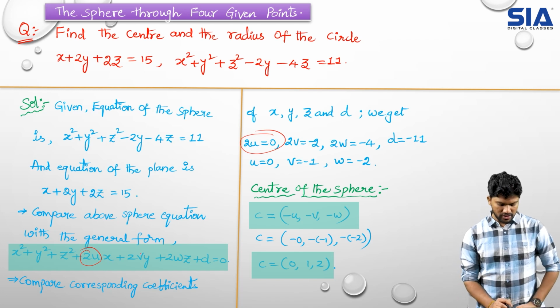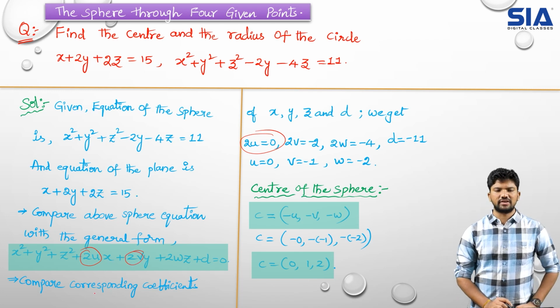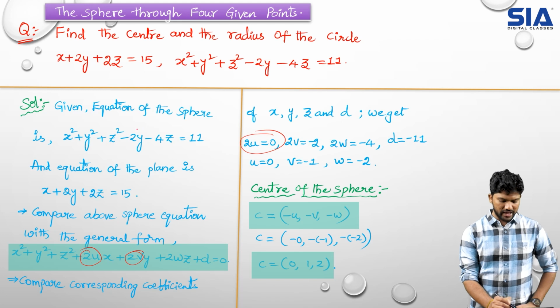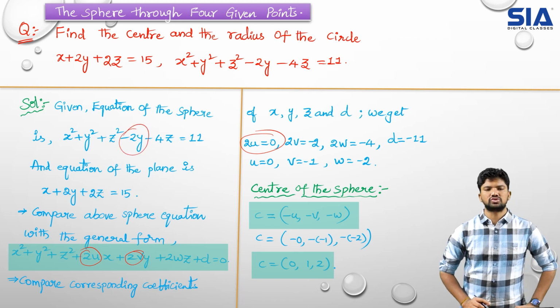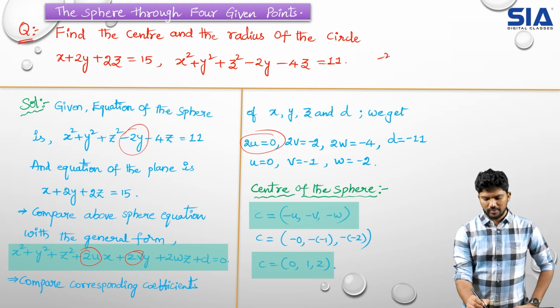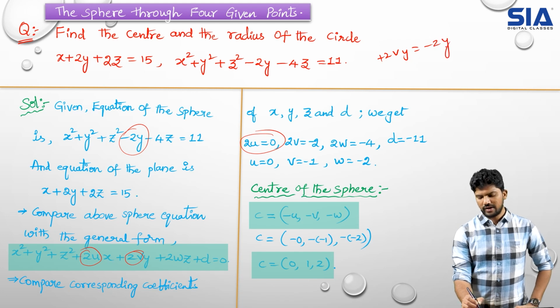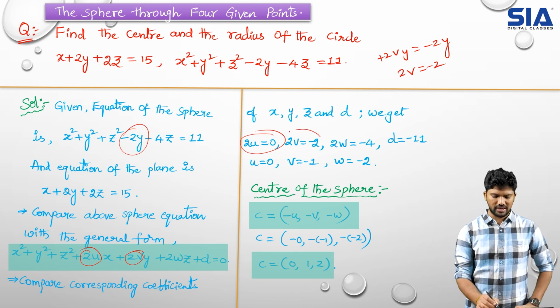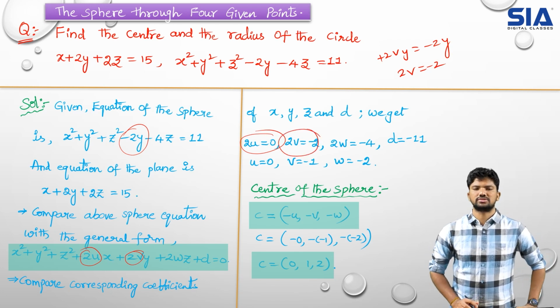Next, what is the y coefficient in the general equation? It is 2v, and here we have the y term as minus 2y. Comparing 2vy is equal to minus 2y, y cancels on both sides, so 2v is equal to minus 2.